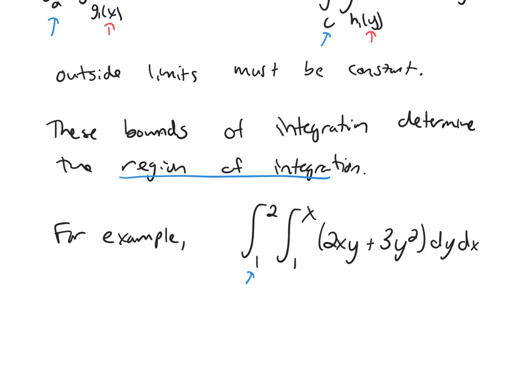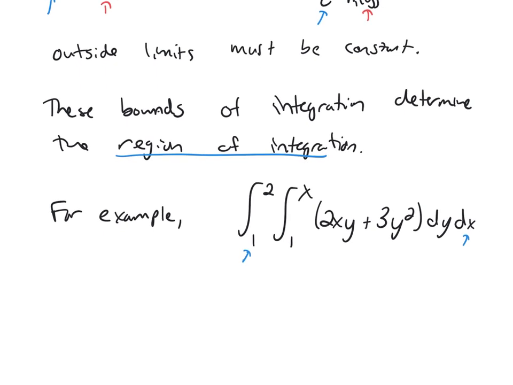My variable is x for this outer one, and so x goes between 1 and 2. And then these inner bounds are for the variable y. y goes between 1 and x.